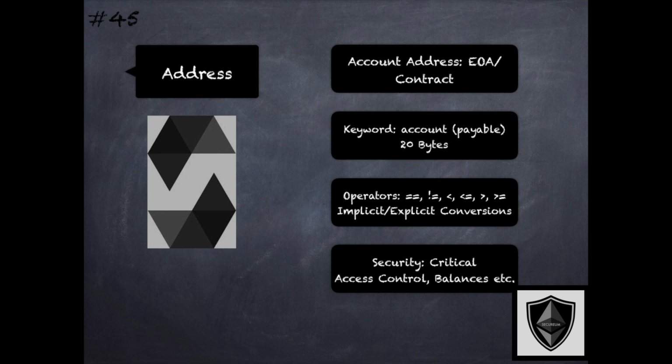So using the right addresses in the right places and making sure that the correct access control logic or balances accounting logic is applied on these addresses becomes very critical from a security perspective to make sure there is no undefined behavior or unintended side effects leading to security vulnerabilities.